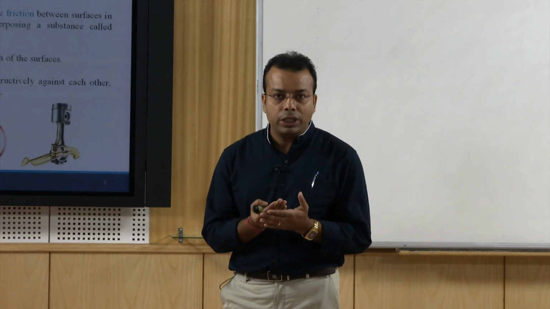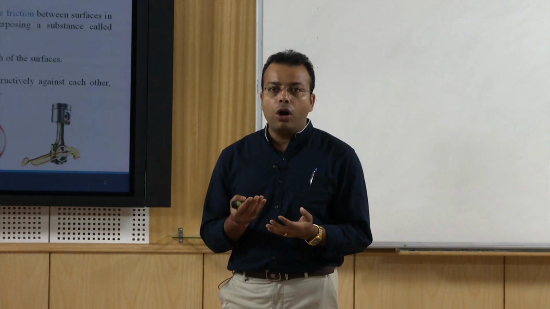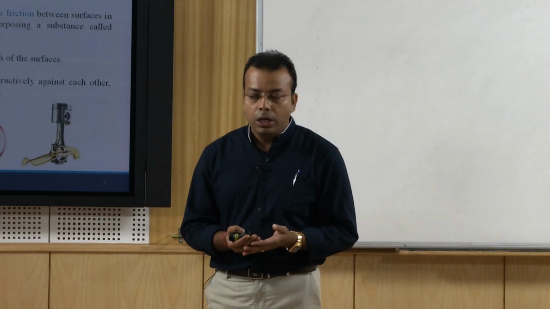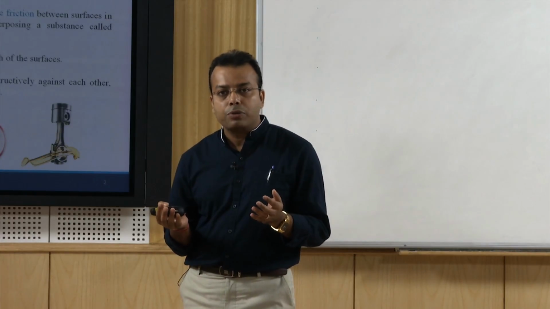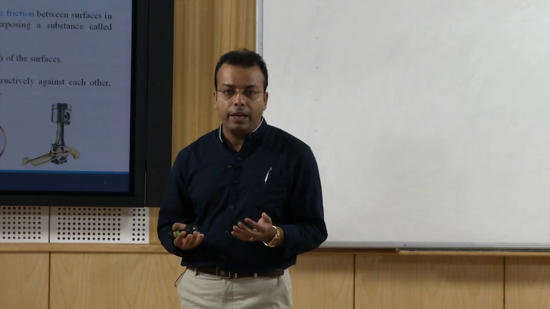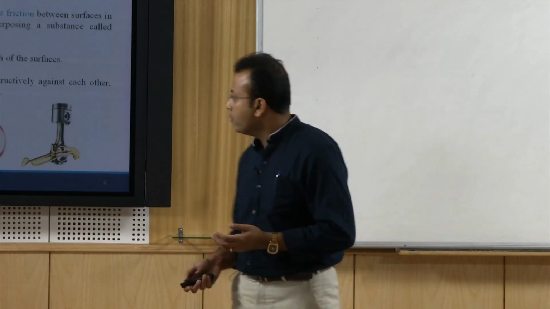They will collide and rub against each other, heat will be generated, and material loss can occur. So, there are several types of problems if the lubrication system fails inside any equipment or machine.